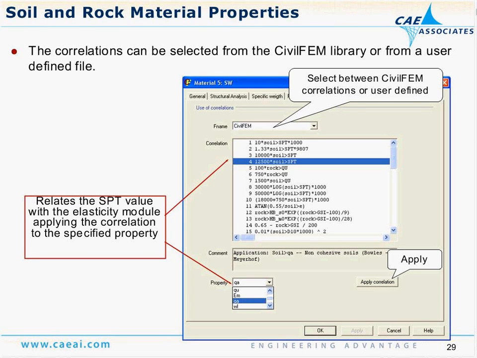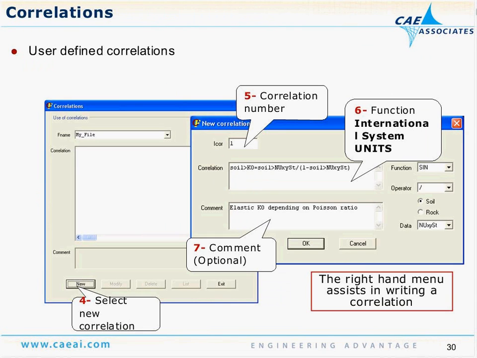You can use the default correlations provided in the program, or you can build your own series of correlations. So user-defined correlations can be set up by writing equations, and you can create comments, etc., to define these correlations.